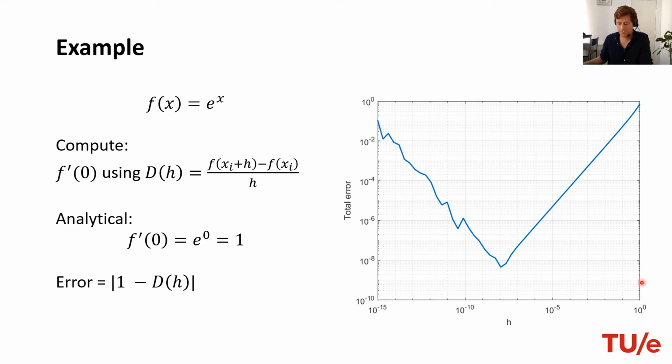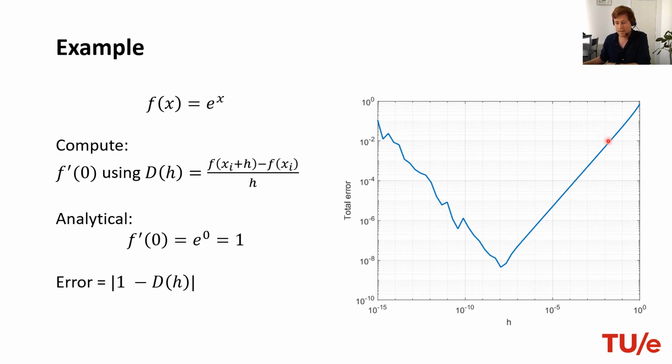So let's start from h equal to 1, which by all means is a very large value for h. And we see that by decreasing h here, we decrease the total error that we're observing between the analytical value of 1 and our numerical approximation dh.